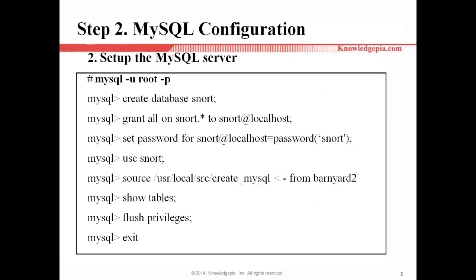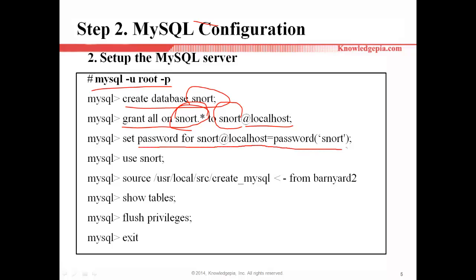Step 2, set up the MySQL server. Please open MySQL here, and after that create the database. In my case, the database name is snort. After that, grant all on the snort database to this user at localhost, with the password snort. In my case, I will use snort as the password, and the same for the username.